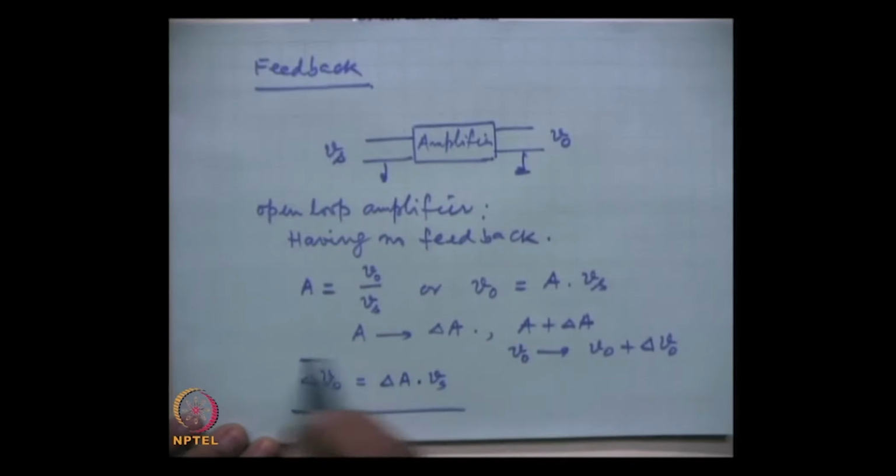So, any change which occurs in the gain of the amplifier will be reflected in the output. This is not acceptable in most electronic designs.